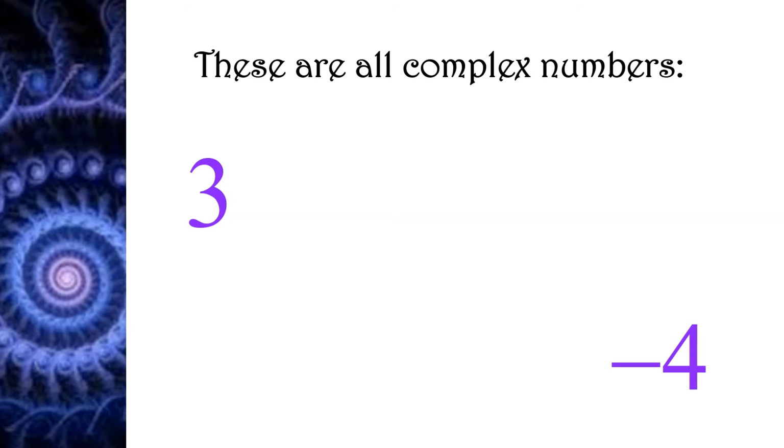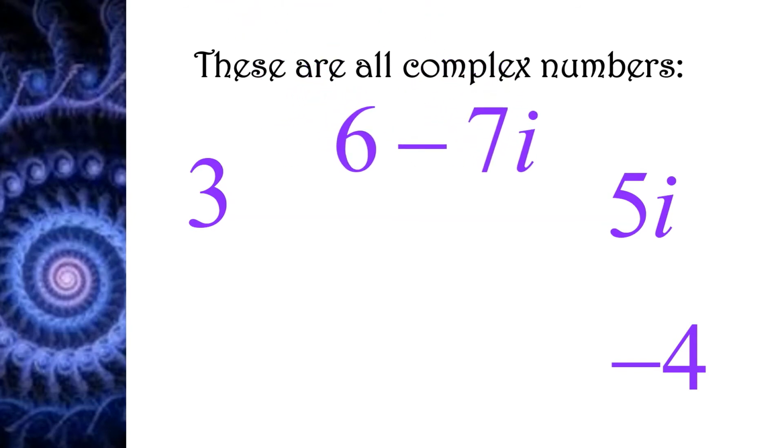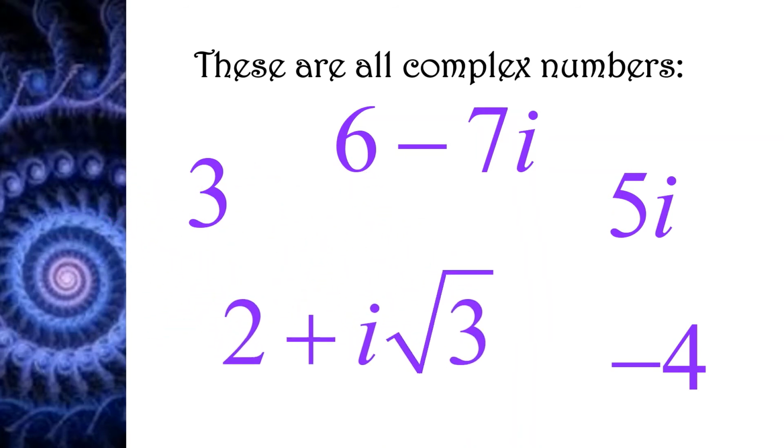It's an integer and rational as well. 5i is an imaginary number, which also makes it a complex number. Here's a true complex number because it includes both a real and an imaginary part, same as this example, a true complex number.